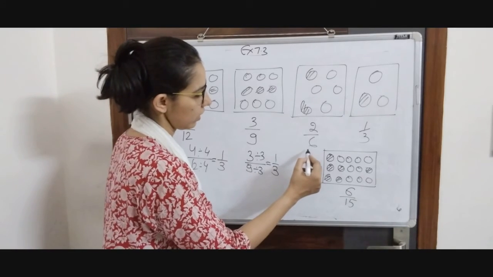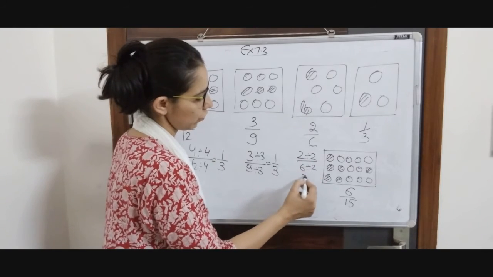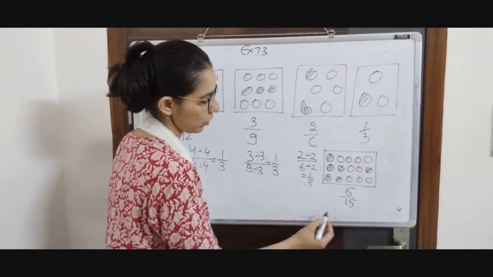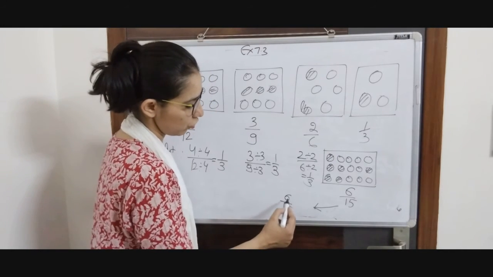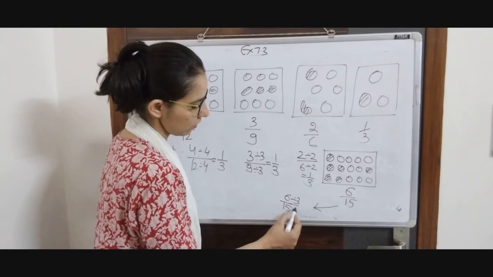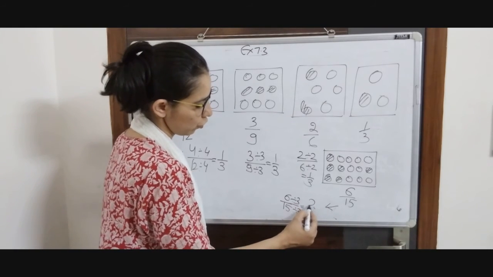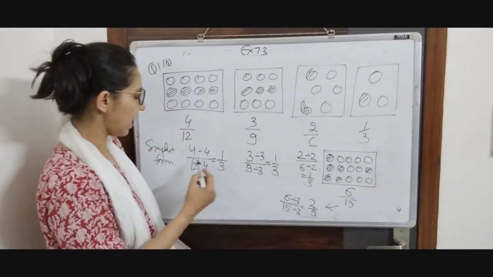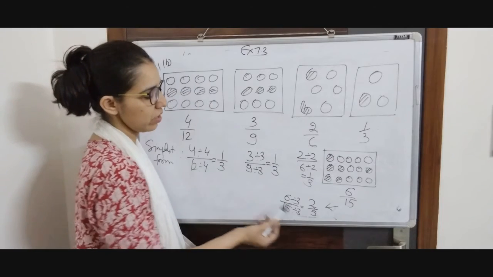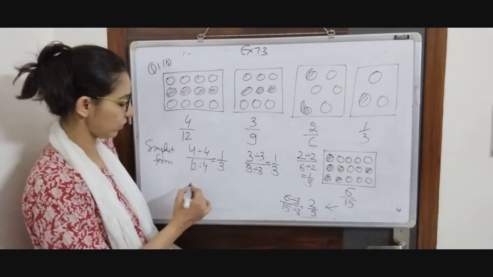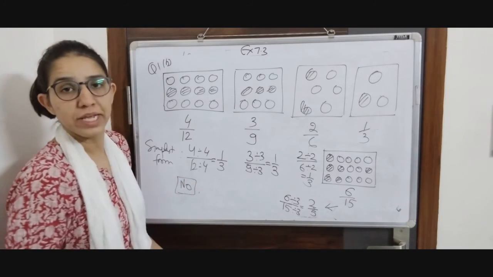Similarly here it is 2 by 2 and 6 by 2, which is going to be 1 by 3. And for the last one, the HCF is 3, so we divide by 3 and divide by 3, and it is going to be 2 by 5. So you see that all of these first four fractions represent 1 by 3, but this fraction represents 2 by 5. So you will say that no, these fractions are not equivalent.